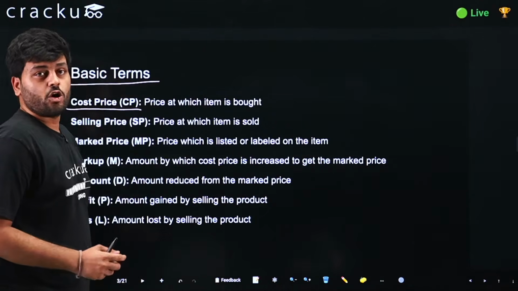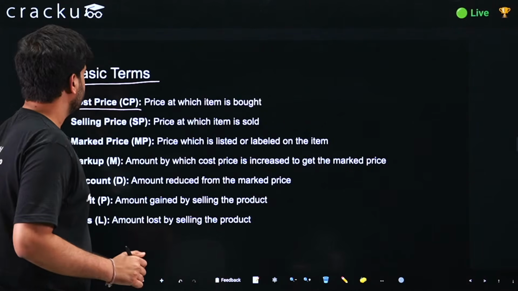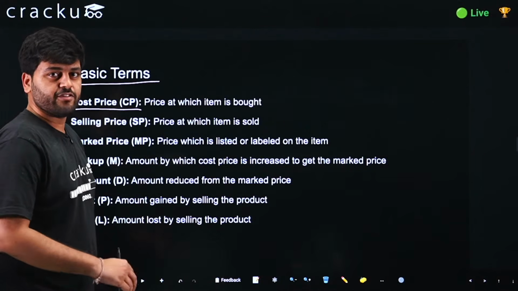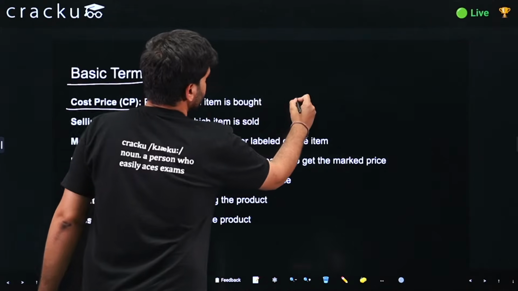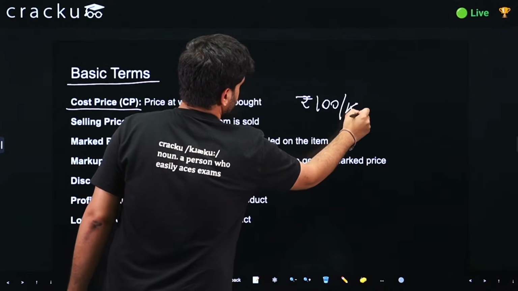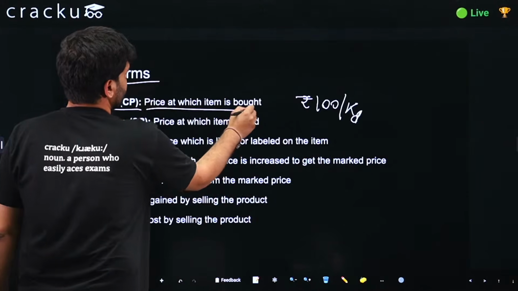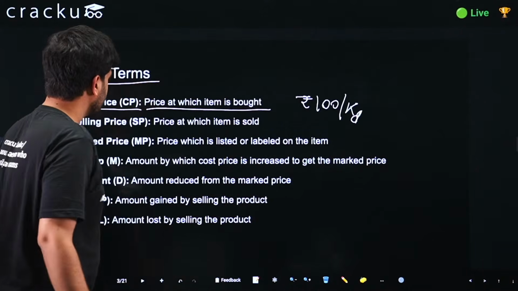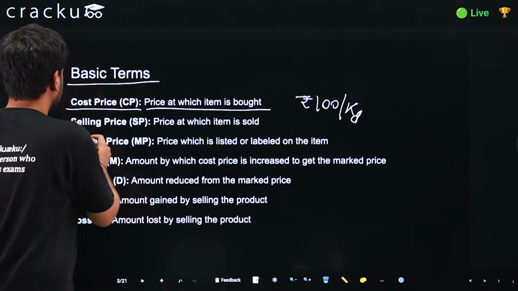Now the shopkeeper sells you the mangoes at 100 rupees per kg and you pay 100 rupees and take 1 kg of mangoes. So for you the cost price would be 100 rupees per kg. Basically this is the price at which item is bought. Got it? I bought mangoes at 100 rupees per kg.